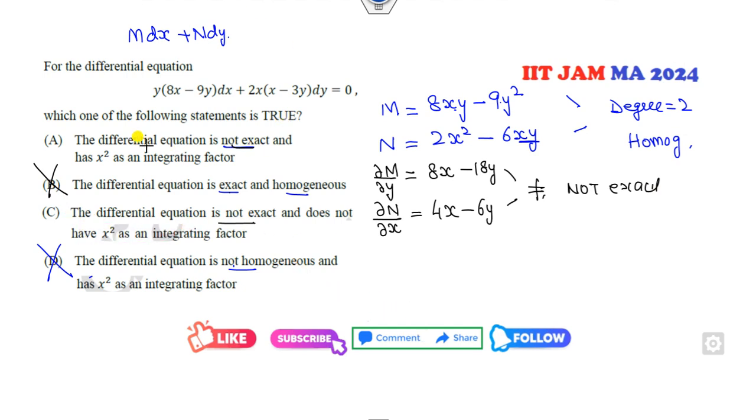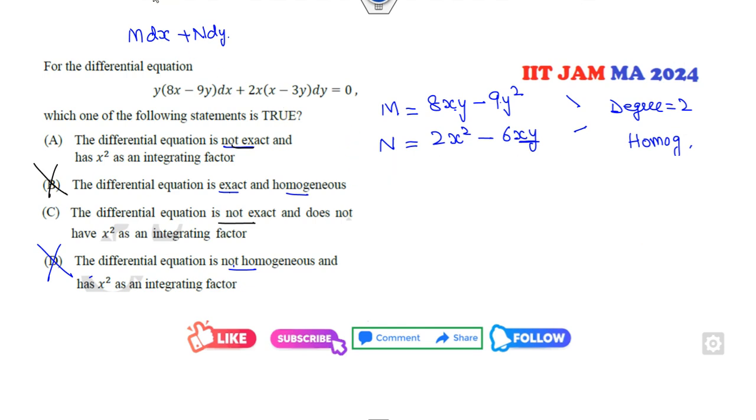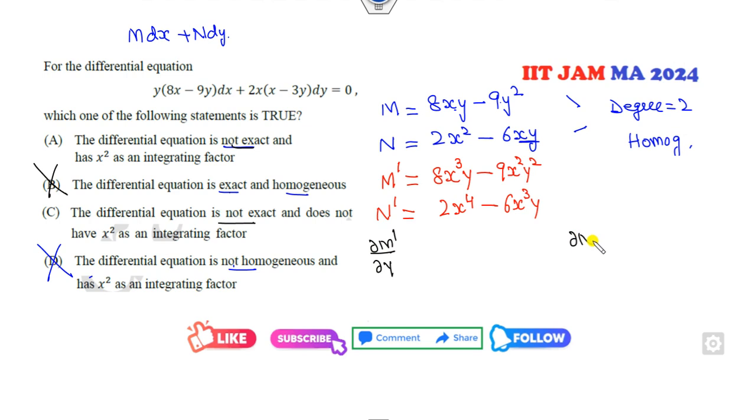Then whether x square is an integrating factor or not. What is the meaning of the integrating factor? I find the new M after multiplying by x square, it is 9x square y square, and N dash is 2x raised to power 4, 6x raised to power cube. Now again I can find this and this.